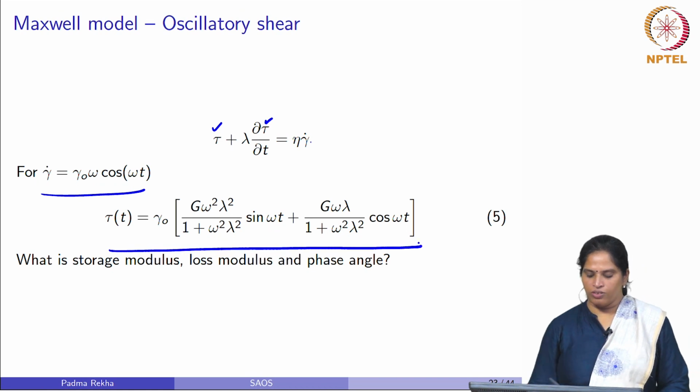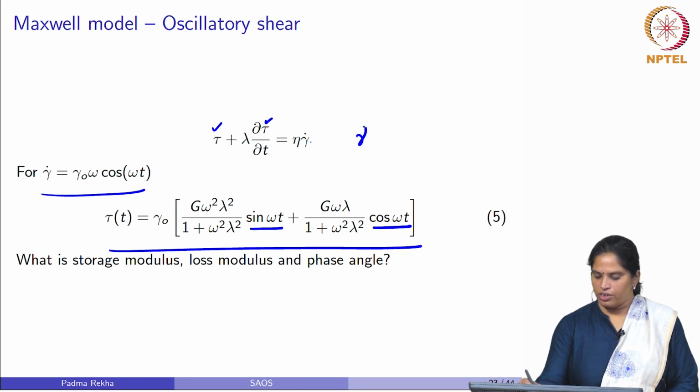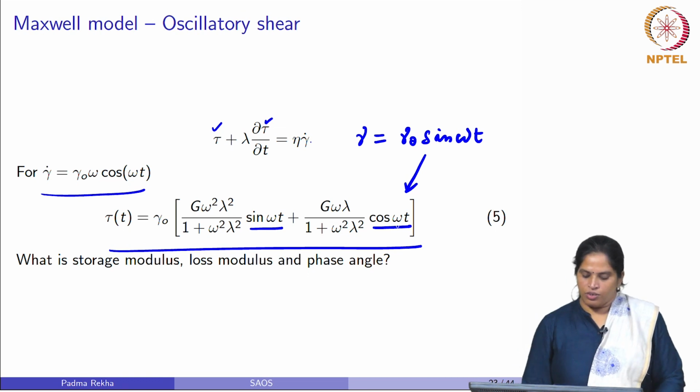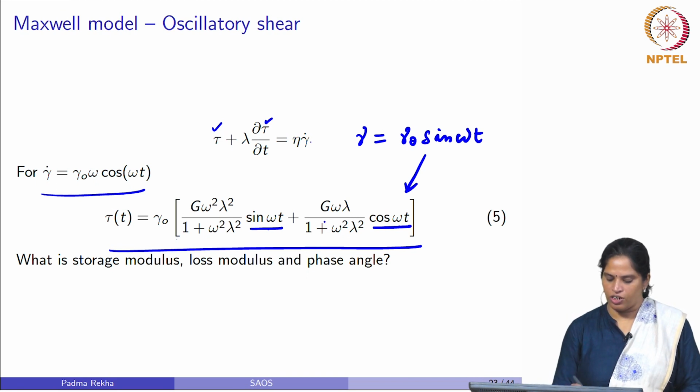If you look closely, this equation has sin omega t and cos omega t terms. The controlled input, which is strain, is gamma naught sin omega t, and the stress response is a function of sin and cos terms.